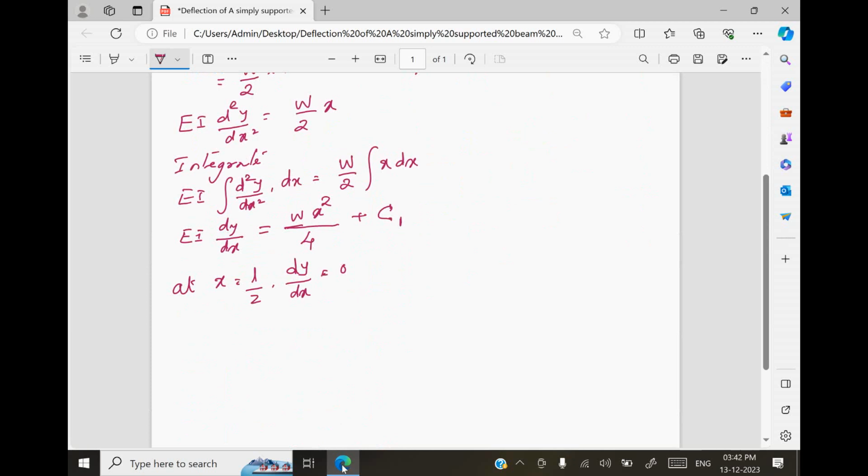So now let us write 0 is equal to W by 4, and instead of x, I put L by 2, whole square, plus C1. So this becomes WL square by 4 into 4, which is 16.